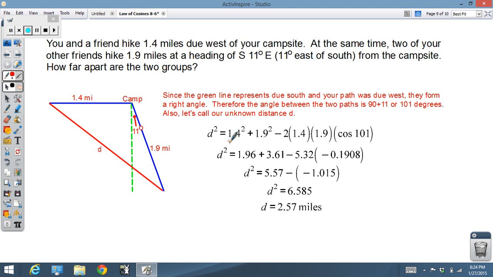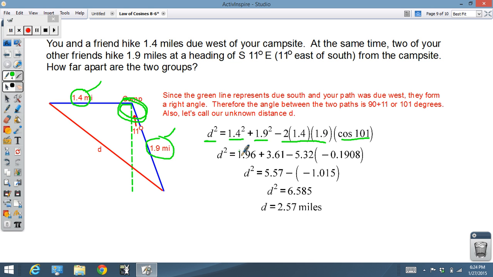All right, D squared equals the one side squared plus the other side squared, minus 2 times those two sides, that one and that one, times the cosine of 101, or the cosine of the angle opposite the side we're looking for.